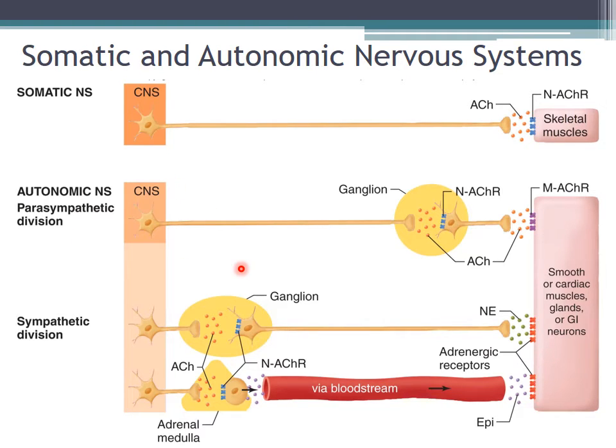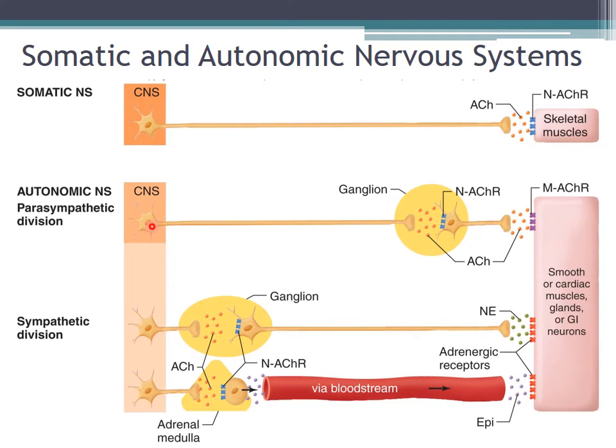Now, when you look at the autonomic nervous system, you have to actually separate into parasympathetic and sympathetic divisions. But in both divisions, notice that you have two neurons from the CNS to the target tissue here. Okay, whether you're looking at parasympathetic or sympathetic.